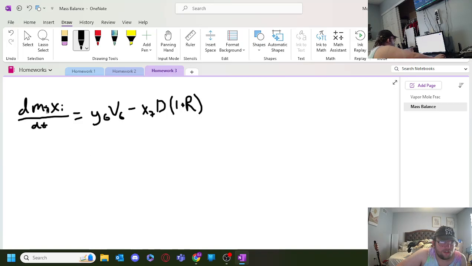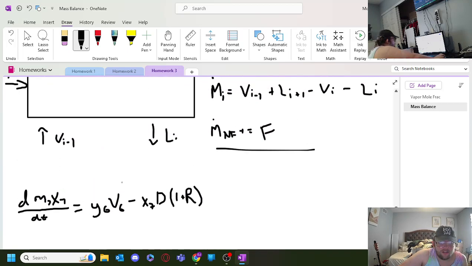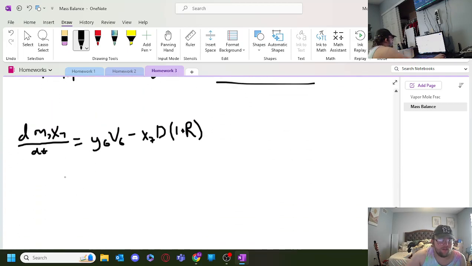And then, so that's for stage 7. So let me go in here, just erase some of this. So for stage 7, you're just adding on that component part, the Y6, the X7. And then reboiler, same deal.